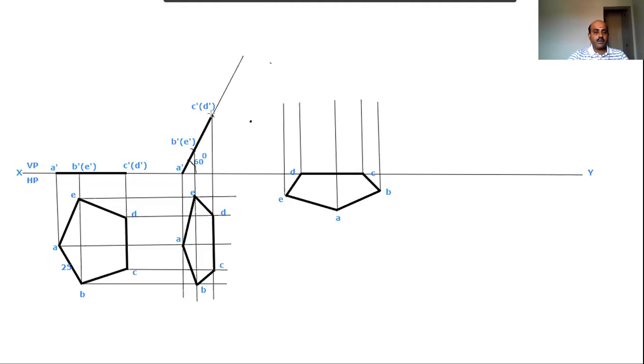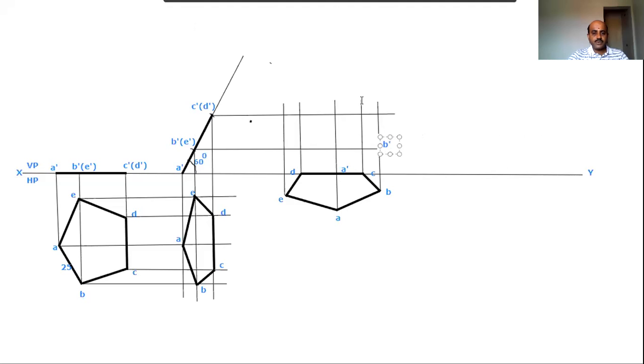Similar way from the second position, mark the points. So where you are supposed to get here is the A dash value. Then comes B. Here is B dash.